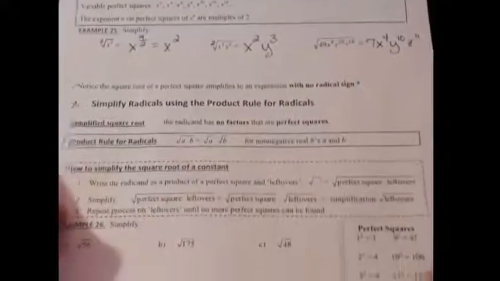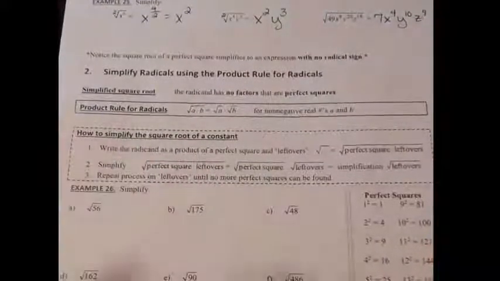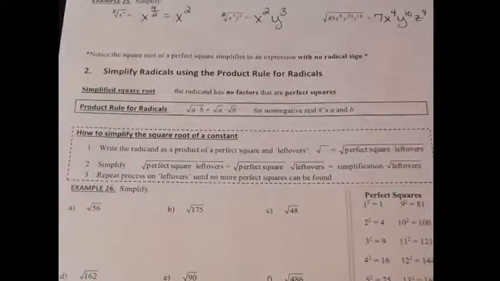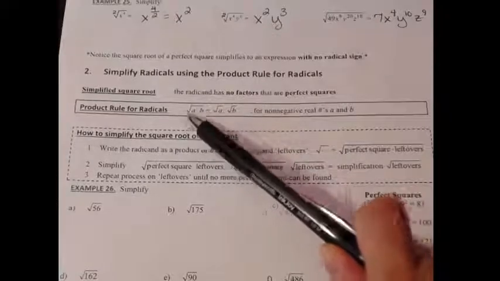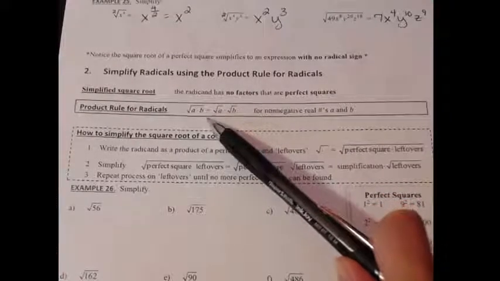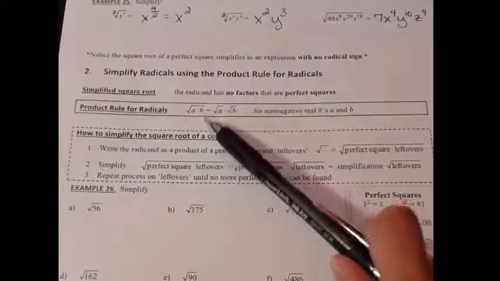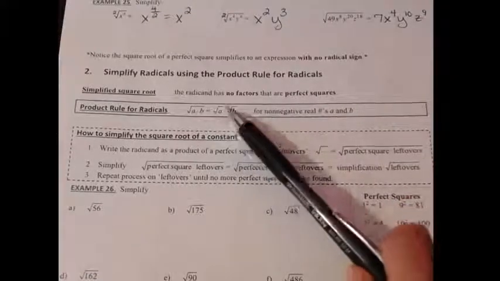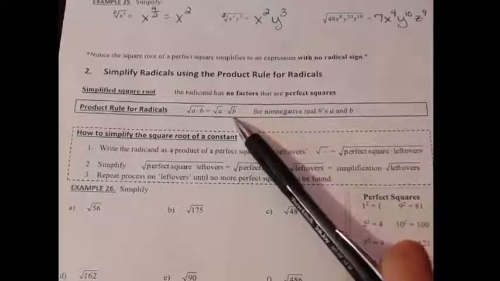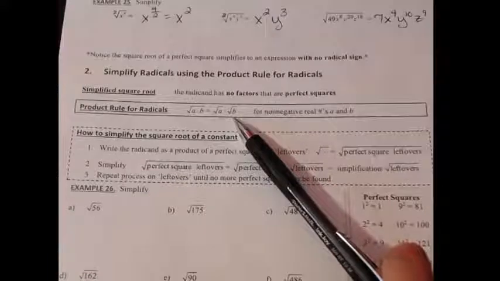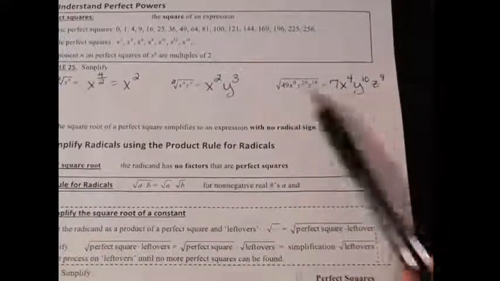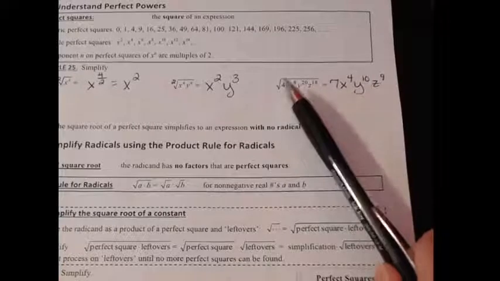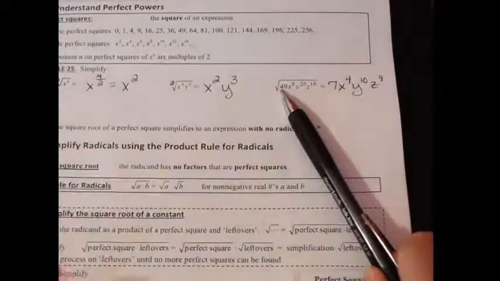Now, I want you to note the product rule for radicals. The square root of a times b is the same as the square root of a times the square root of b. Of course, for non-negative real numbers. This is why when we looked at this previous expression, I said to you, square root of 49, 7.